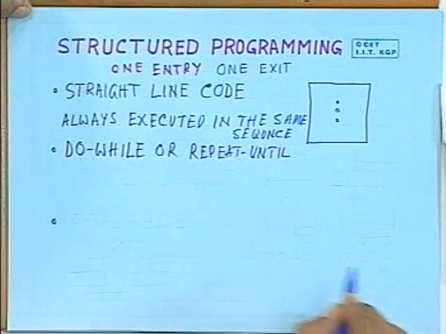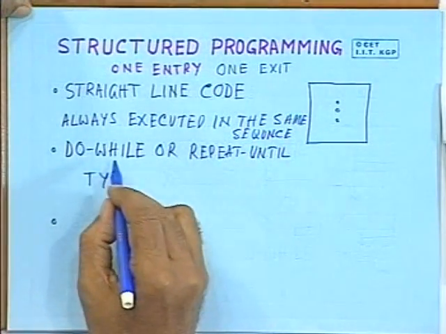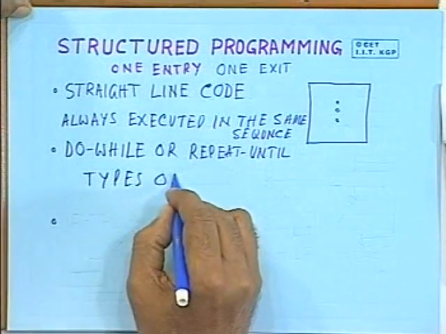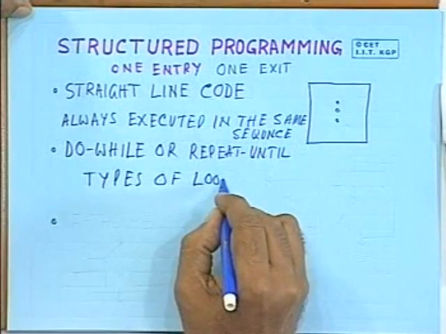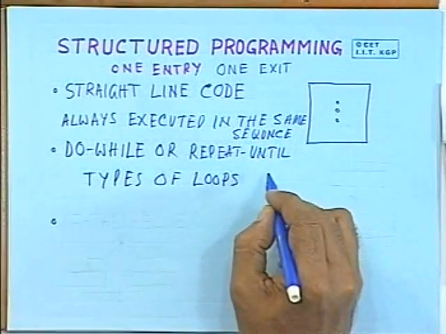Essentially, these are two types of loops, do while and repeat until types of loops, and their structure looks like this.